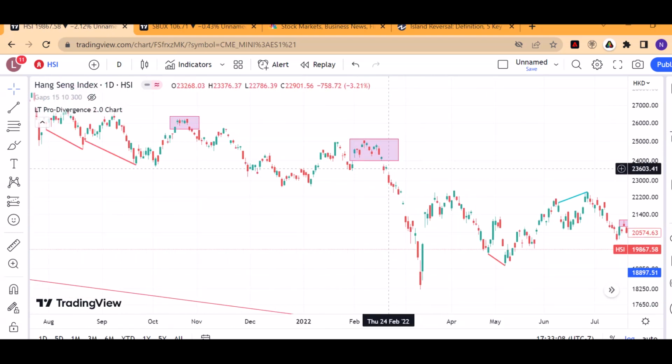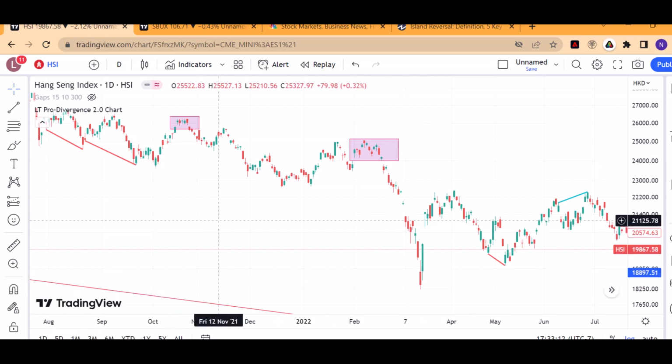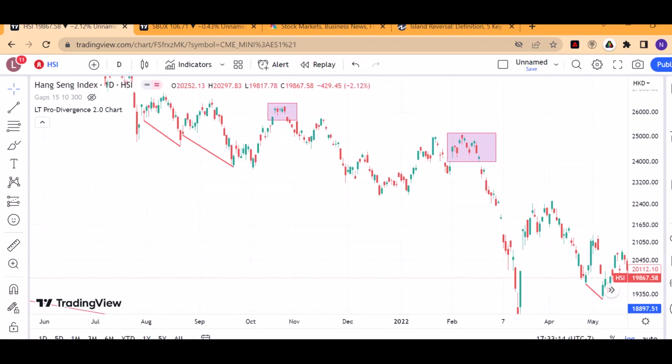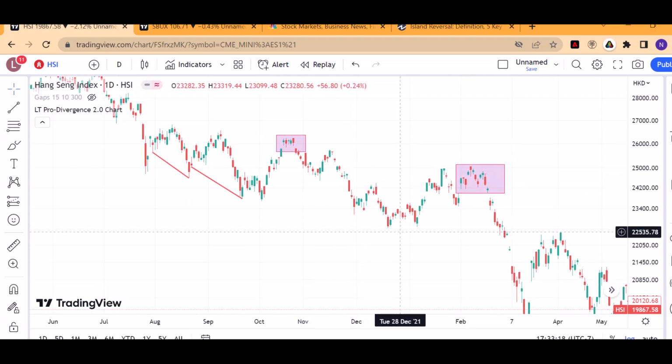Once you identify it, see how fast the market is declining. There are various examples. So you can play beautifully, and you can even trade options if you have good control. That is the beauty of these patterns.